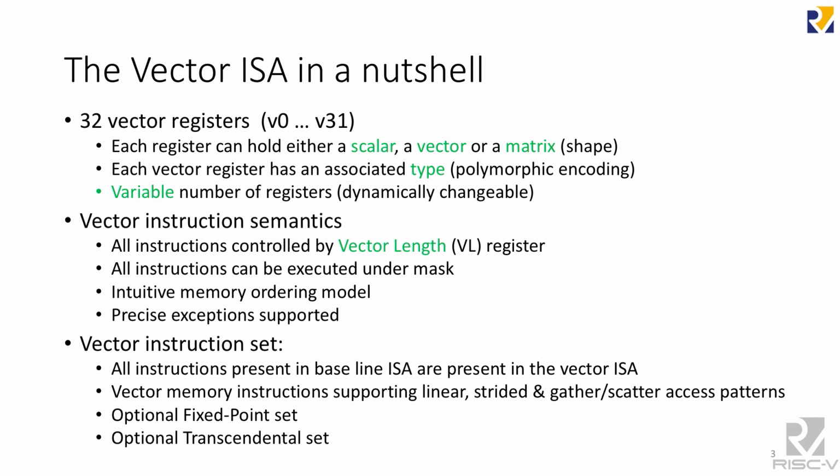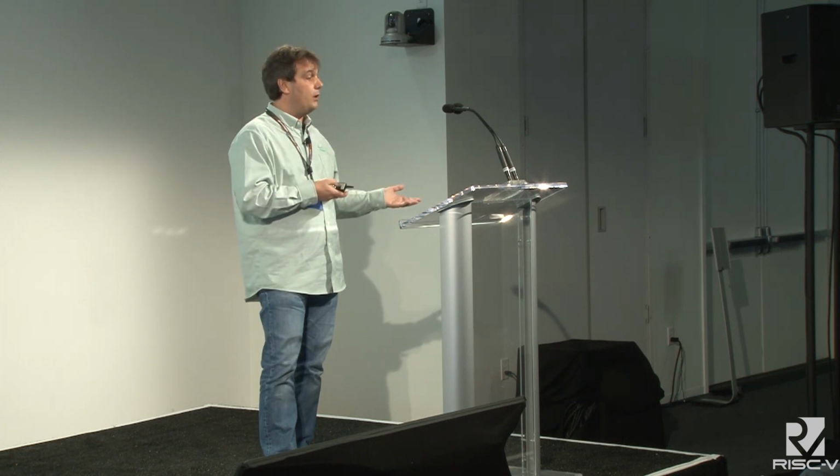It is a vector ISA in the sense that there is a VL register, the vector length register, that controls every and all vector instructions. So it is a classic vector ISA. And as a good vector ISA, you can execute any instruction you want under mask. We'll talk about that. And pretty much you'll see that every instruction that you know in RISC-V has a counterpart in the vector ISA.